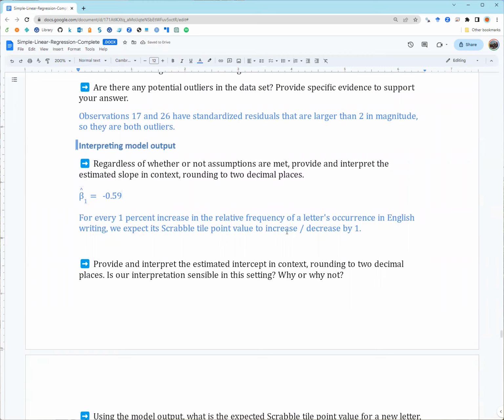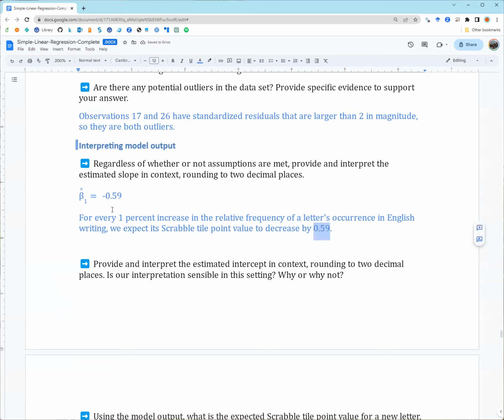So for every 1% increase in the relative frequency of a letter's occurrence in English writing, we expect its Scrabble tile point value to, and then because this is negative, we expect it to decrease by 0.59.